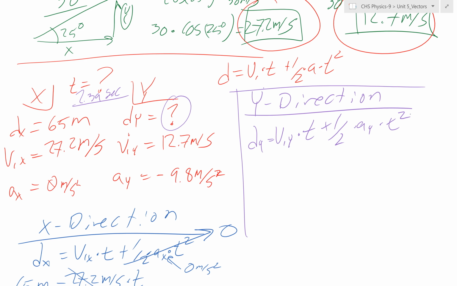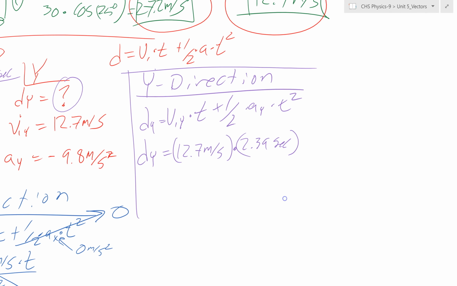So if we start substituting in, we don't have anything that's 0, so nothing's going to cross out. So we're going to have the whole equation here. So we end up with dy equals 12.7 meters per second times the time we just calculated, which is 2.39 seconds. That gives us enough space here.